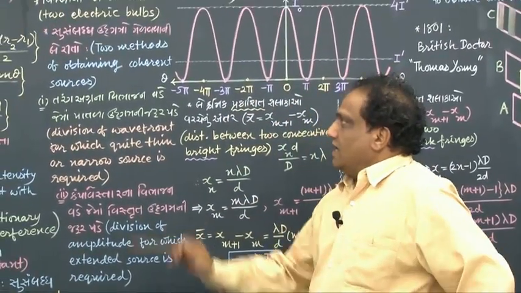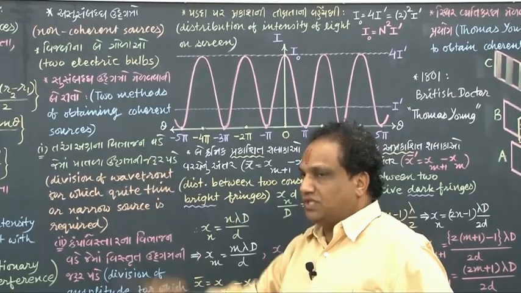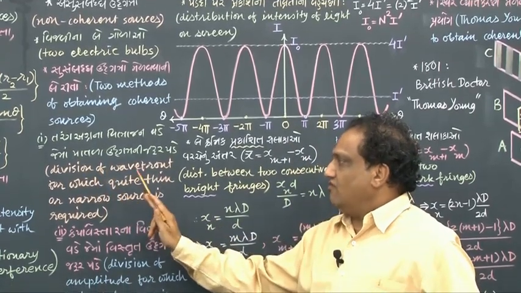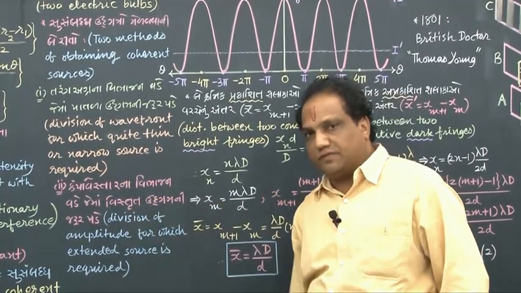Fine. Now, there are two methods you can obtain coherent sources. Which two methods? Very simple. First is division of wavefront, for which quite thin or narrow source is required.